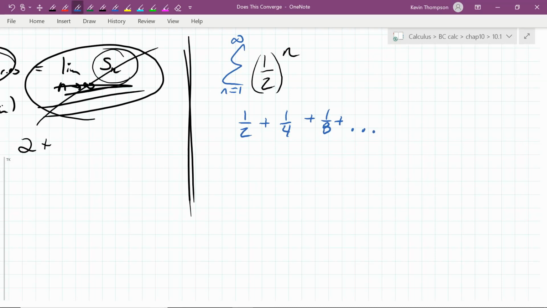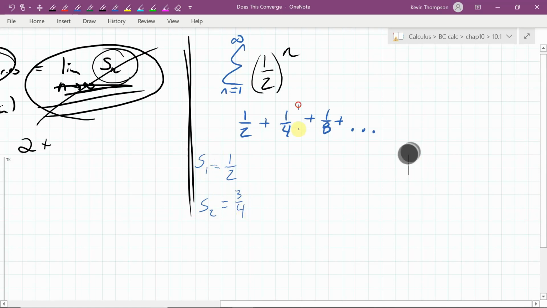So let's think about the partial sums. The first partial sum is 1/2. The second partial sum, what is it? 3/4. Add the first 2 together. What's the third one?